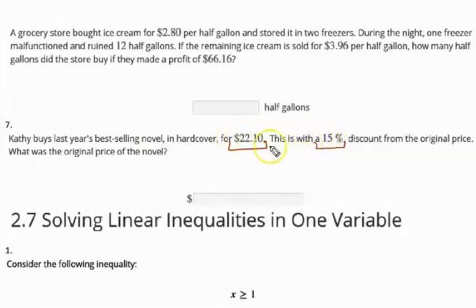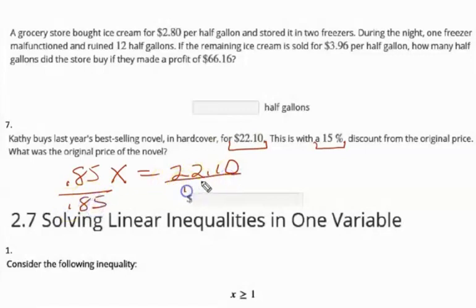So since the original price is going to be X, and with a 15% discount, she's paying 85% of that original price, and we know what that is now, 22.10, and we just divide both sides by 0.85. And the original price of the book was $26. Okay, we could spend more time on these, but we'll wrap it up.